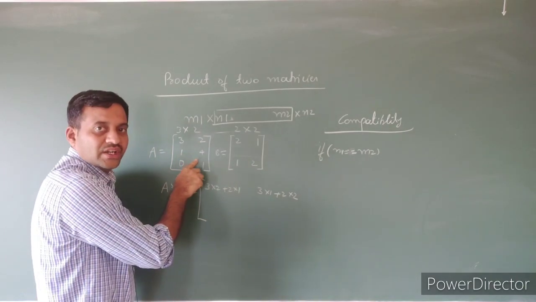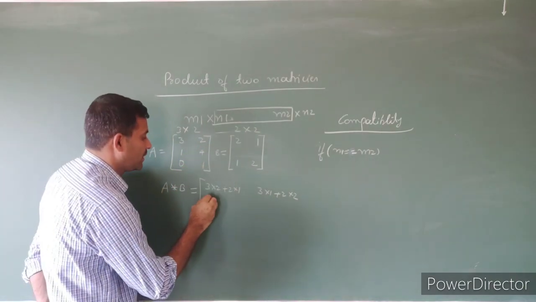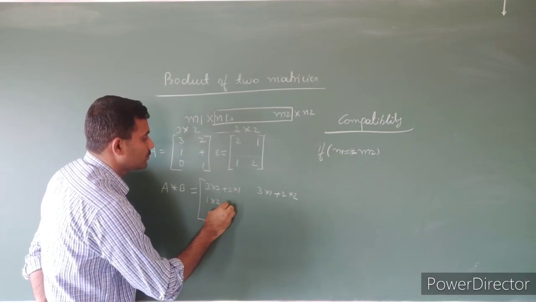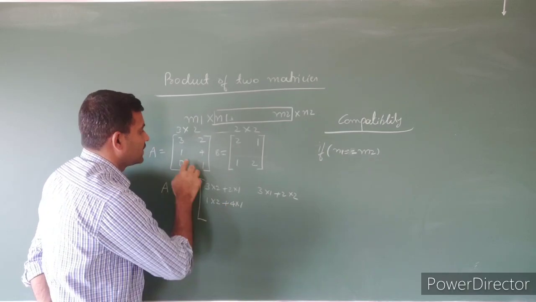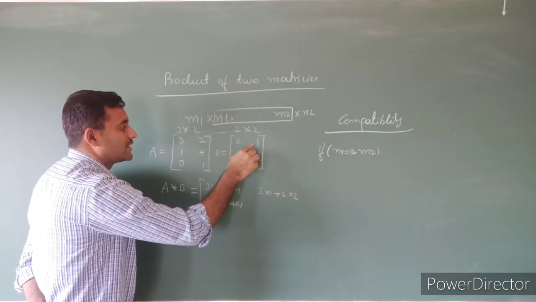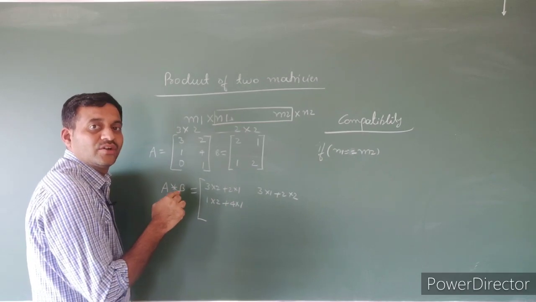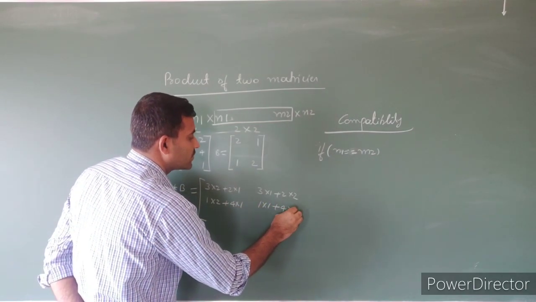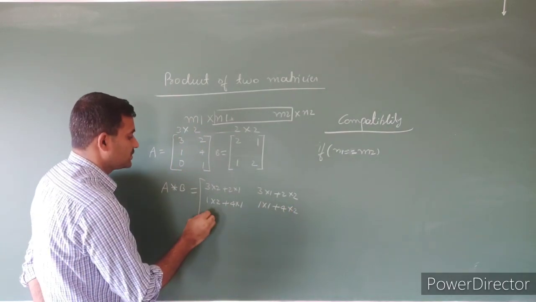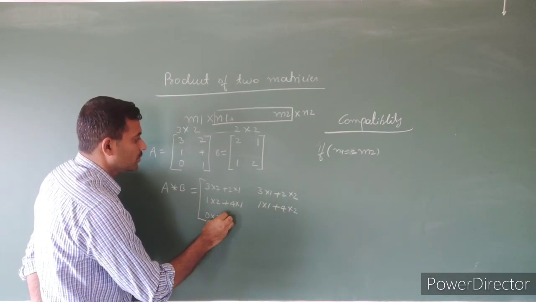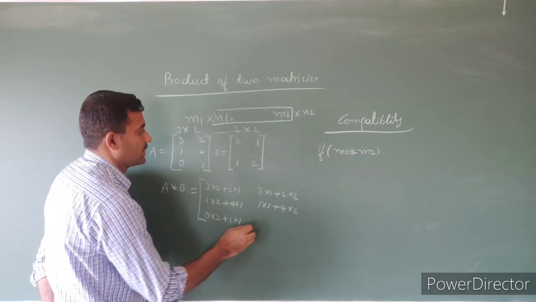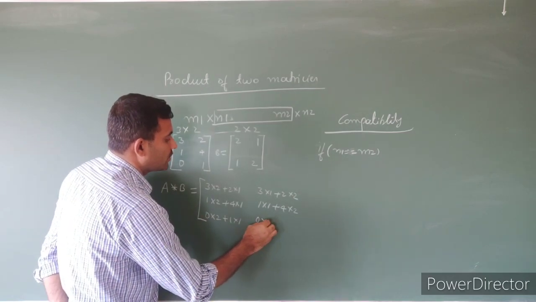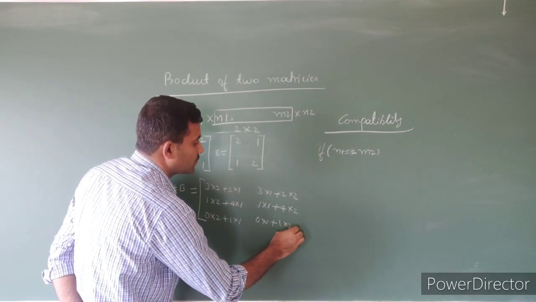Second row, first column, third element: 1 into 2 plus 4 into 1. Second row, second column returns the fourth element: 1 into 1 plus 4 into 2. Next one is 0 into 2 plus 1 into 1. Next one is 0 into 1 plus 1 into 2.